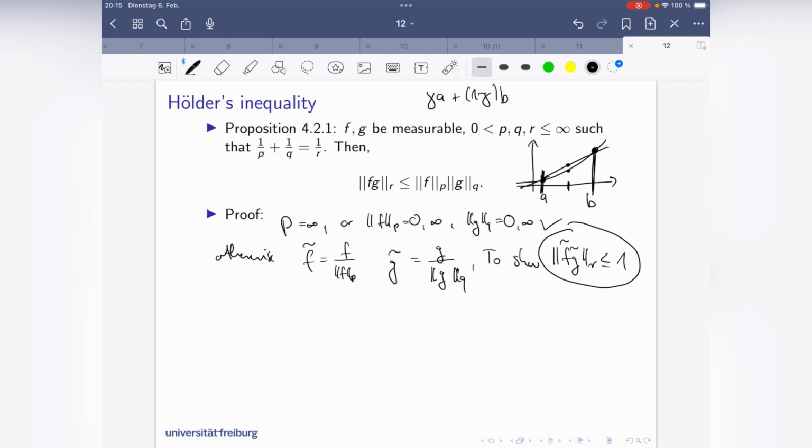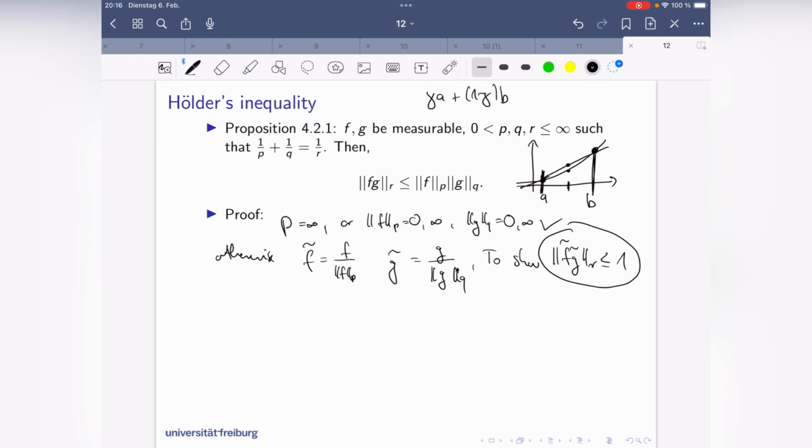So this here is a combination between a and b. A is weighted with gamma and b is weighted with 1 minus gamma. If gamma is 0, we are at b. If gamma is 1, we are at a. And if gamma goes between 0 and 1, we are somewhere in between here.